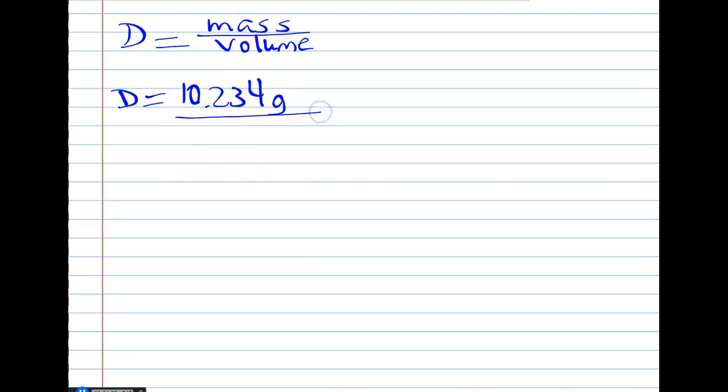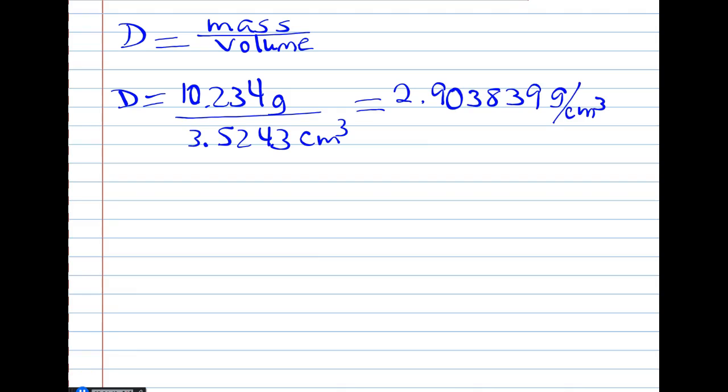And we use the volume from the more precise graduated cylinder, and our volume was 3.5243 cubic centimeters. When we plug this into the calculator, we get 2.903839 grams per cubic centimeter.